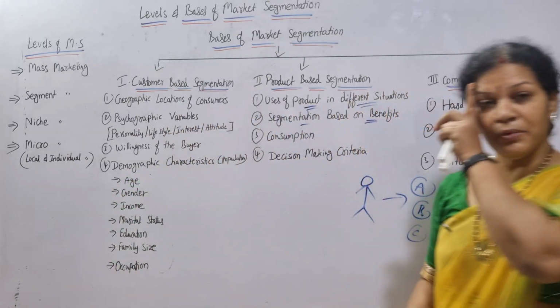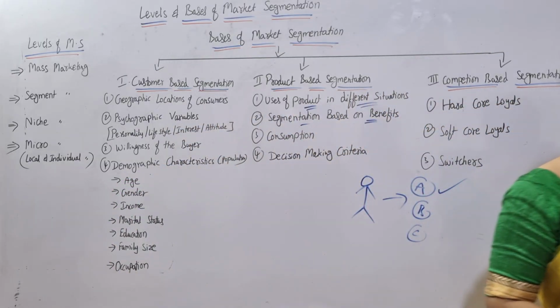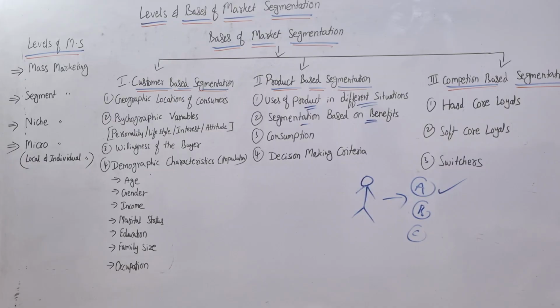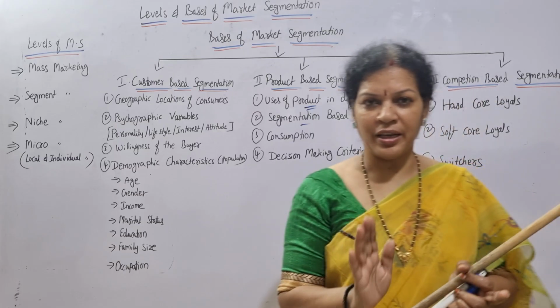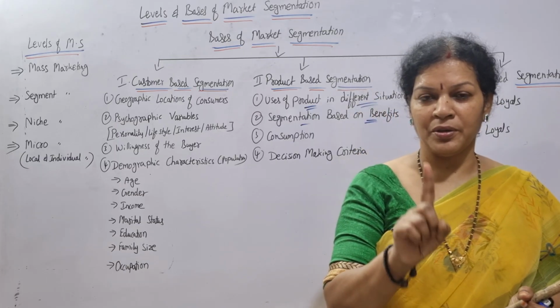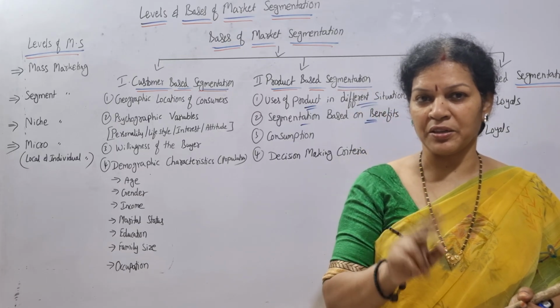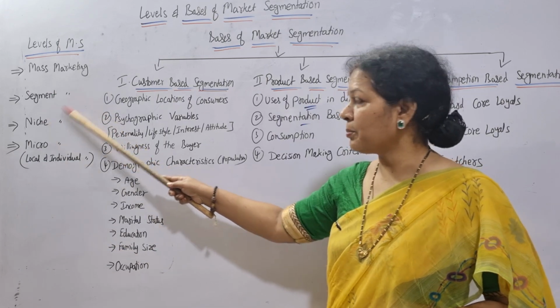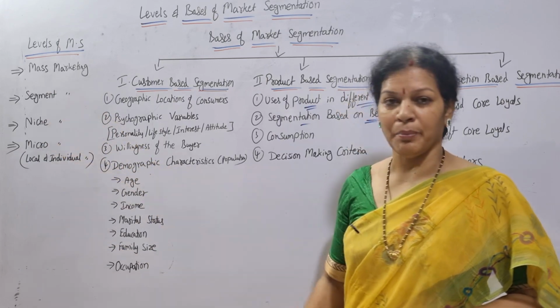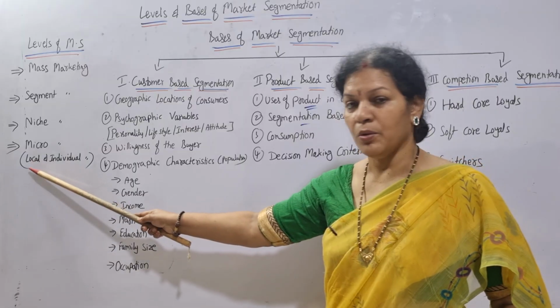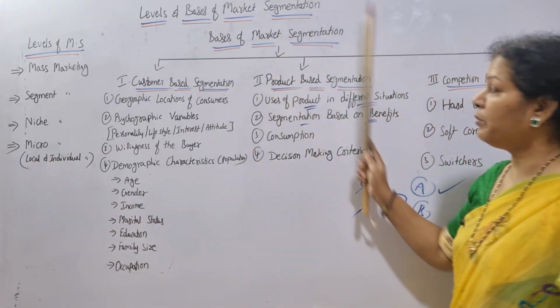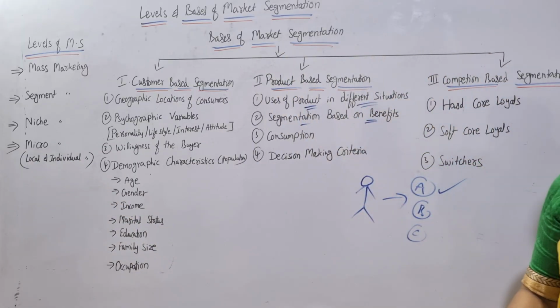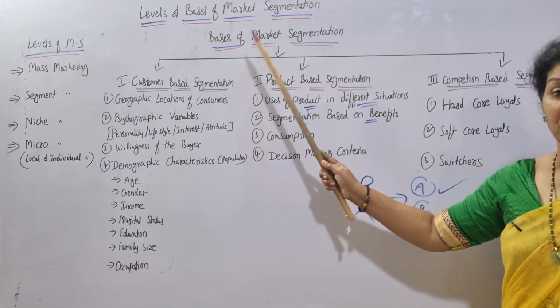So let me give you a gist. First take the screenshot. In today's class we have discussed levels of market segmentation and basis of market segmentation. Levels means 4: mass marketing, segment marketing, niche marketing, and micro marketing. Micro means local and individual. Now how do you go for segmentation of the market? What is the base?